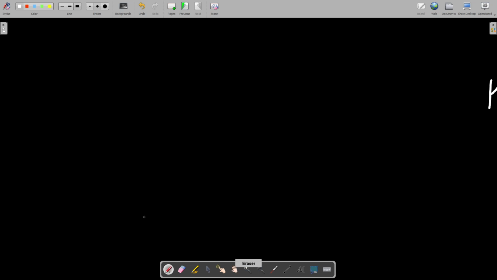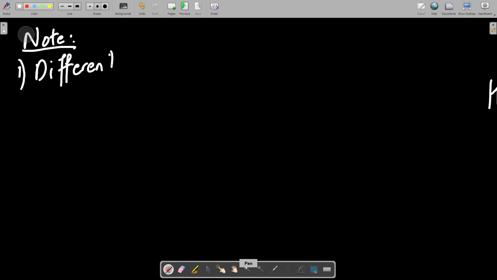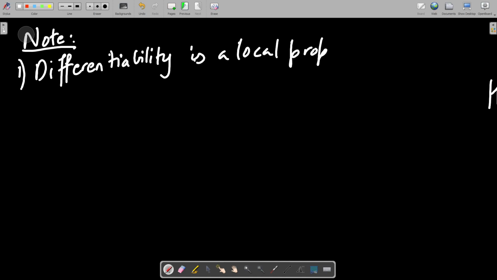Okay, so just note here that differentiability is a local property.